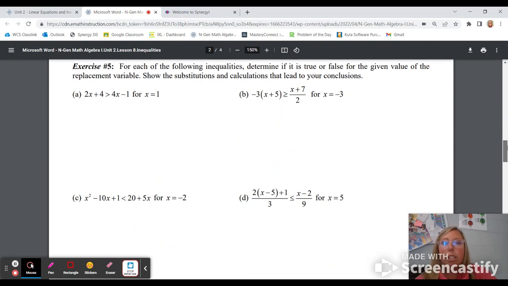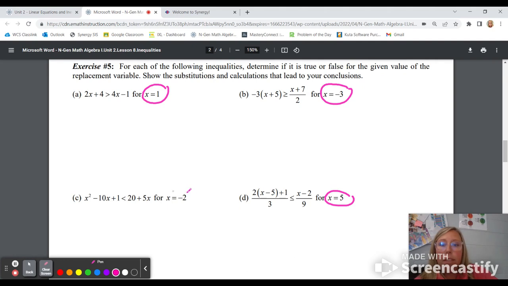Same concept here that you just did on exercise 4, but you have various different inequalities to solve for. So I'll look at one of these more complicated ones for you. But all you're doing on A, B, C, and D here is plugging in the value that is given into the inequality that is written for each of these to determine whether you have a true or false statement.